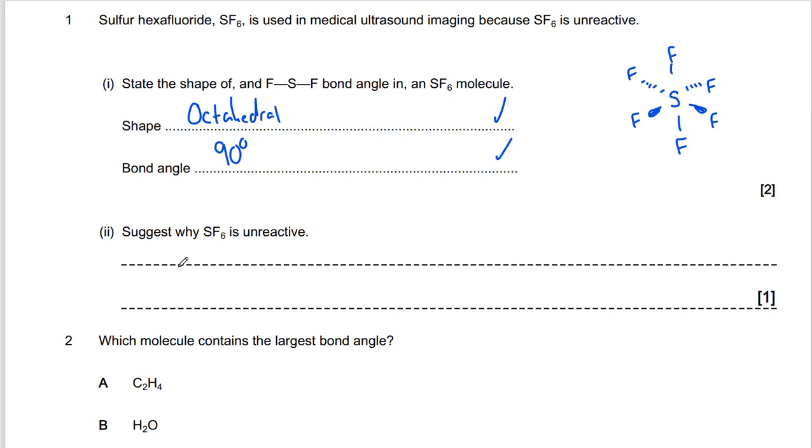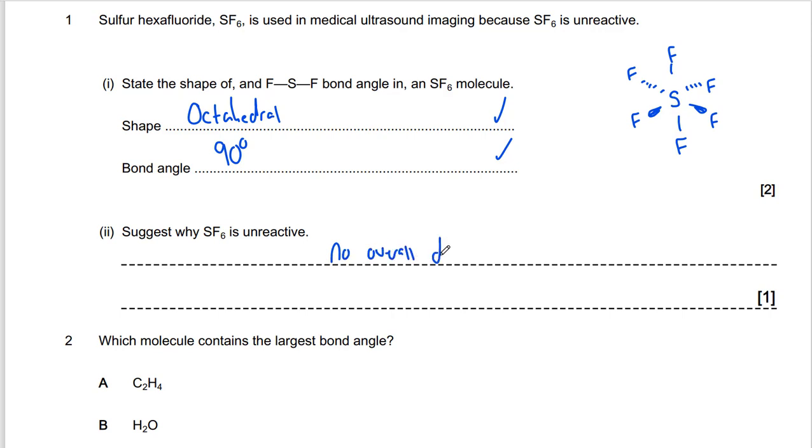So, why is SF6 unreactive? Now, there's lots of reasons for this. There's not just one reason, so don't be fooled into thinking this is 1 mark. But in reality, you don't have to come up with much. You really just have to talk about things like the dipoles. It has no overall dipole. That would get you the mark on its own.